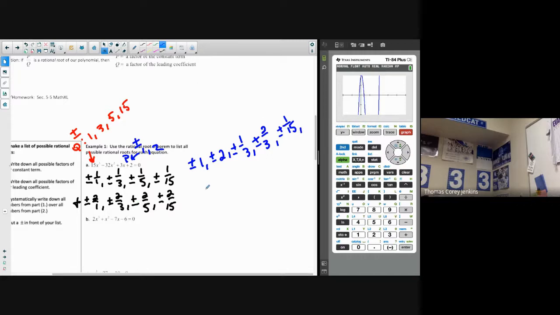So plus or minus 2, 2/3. Sorry, we already had 2. Didn't need to write that again. So then 2/3, and then you'd have 2/5. That should be a 5.